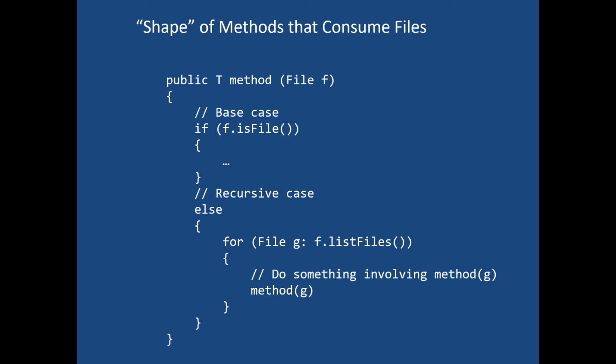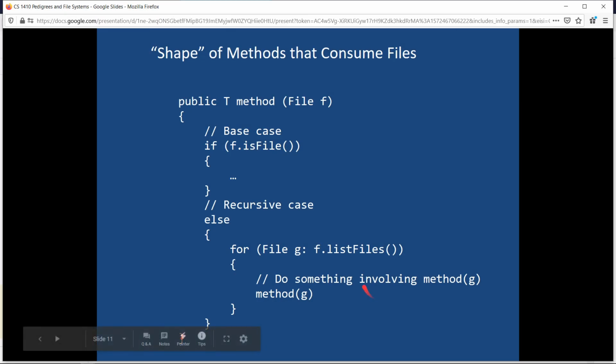And similarly, a file system contains simpler file systems. So in both cases, we have a recursively defined data structure that needs to be processed by a recursive method. And for each kind of structure, the shape of the recursive method is going to be the same. So let's try to write such a method.